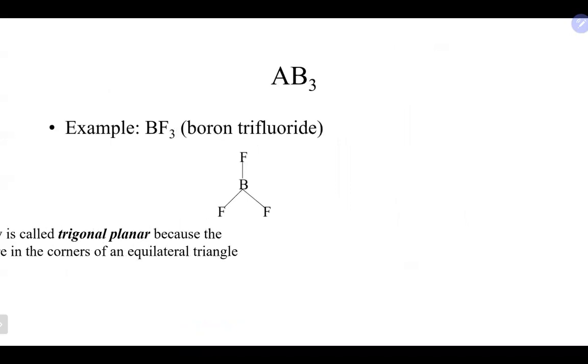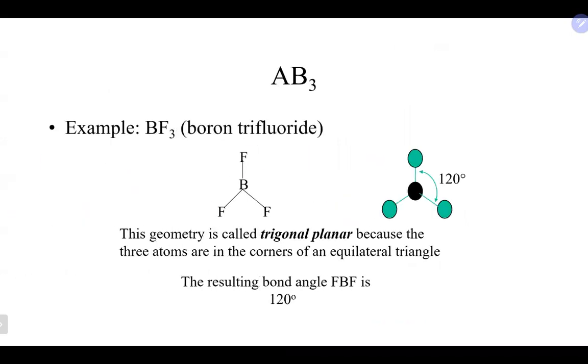Would be a central atom where we actually do have 3 electron pairs. So once again, looking at the central atom, number of electron pairs is 3.